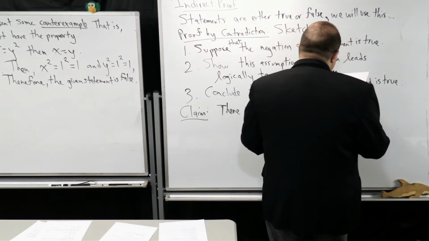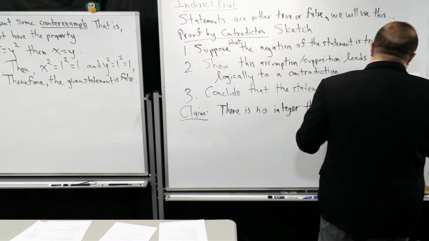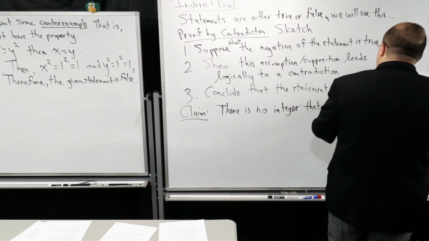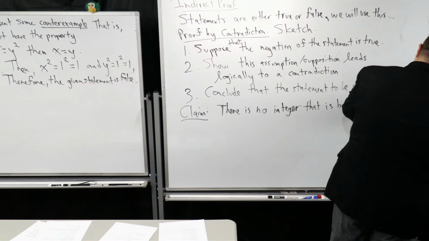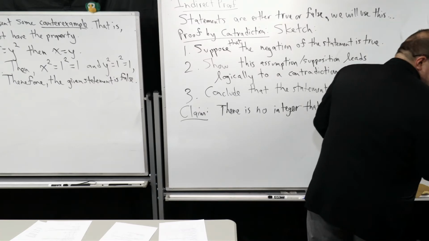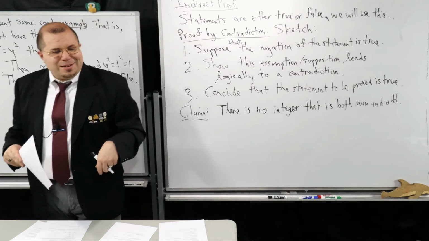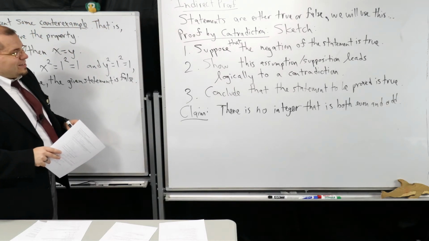So let's do an example. There is no integer that is both even and odd. I told you I was going to give you some weird statement that you would think would be kind of obvious. So here's the claim.